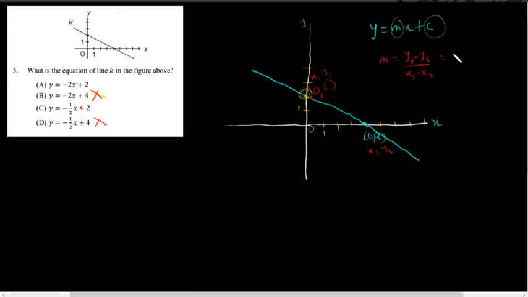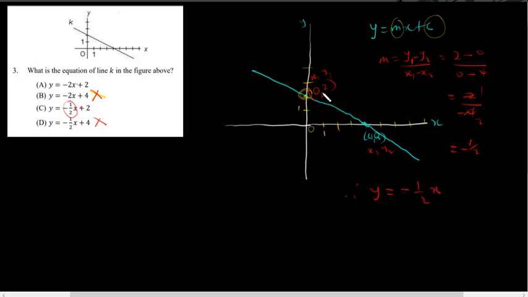So y1 is 2, y2 is 0, x1 is 0, x2 is 4. I'm going to get 2 minus 0 is 2, and 0 minus 4, we have negative 4. So 2 over negative 4, 2 here 1, 2 here 2, so the slope is negative half. Therefore the equation of the line is negative half x.